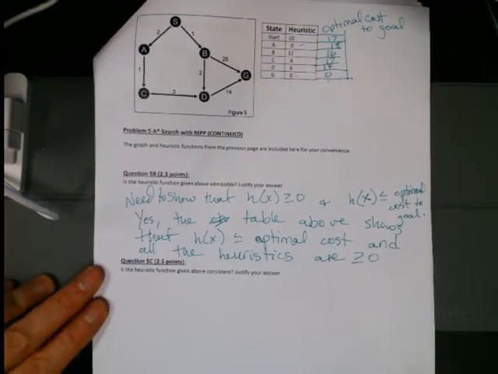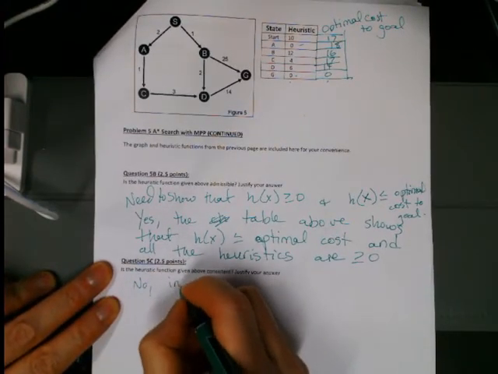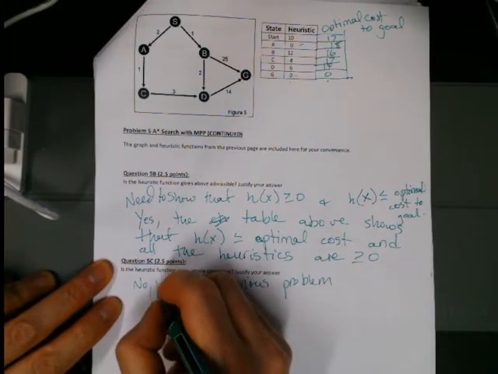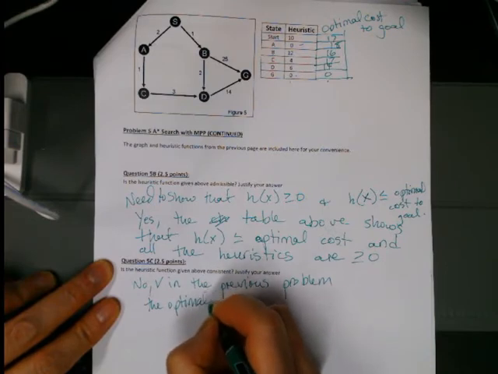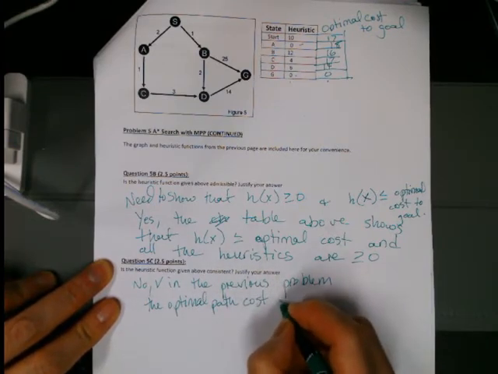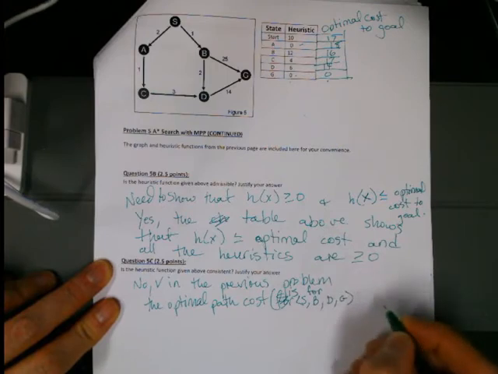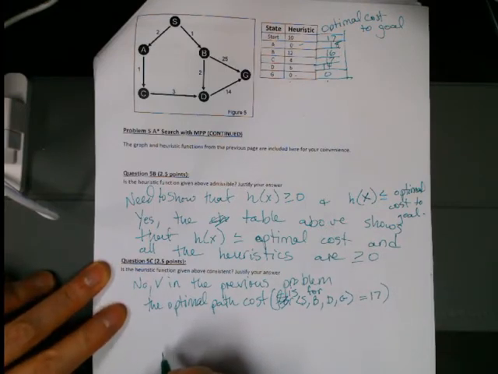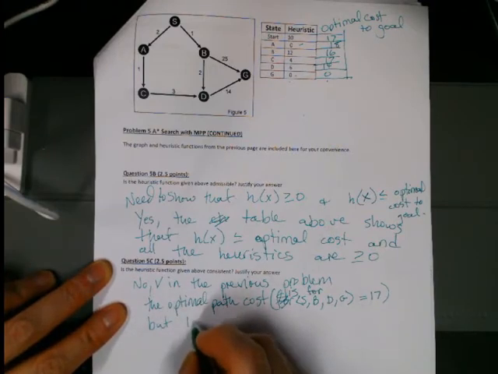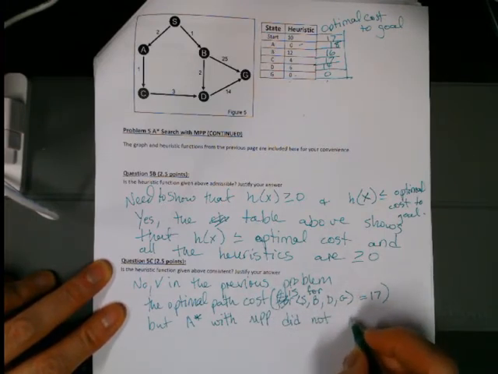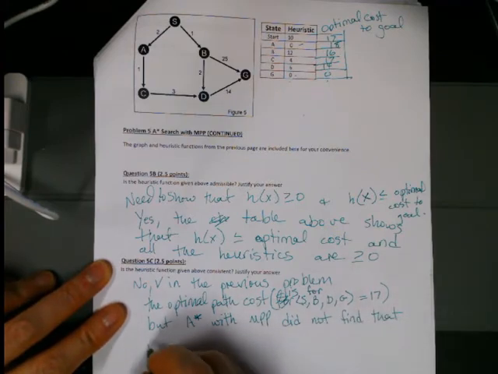One way that is perfectly fine is to say, no, in the previous problem, the optimal path cost for S, B, D, G is 17, but A star with MPP did not find that path. That's perfectly acceptable.